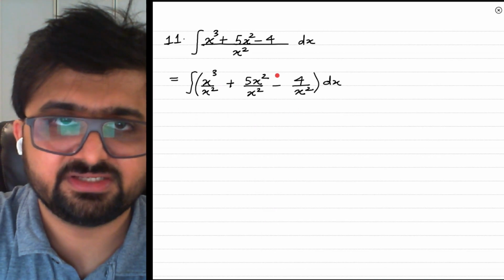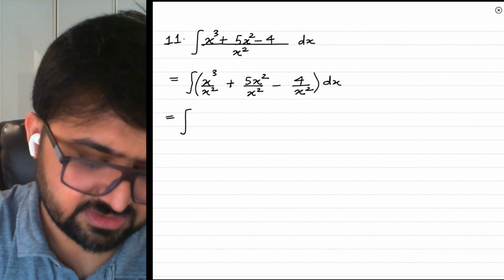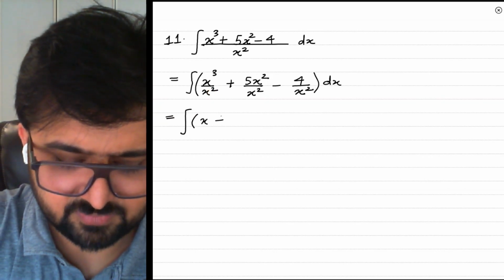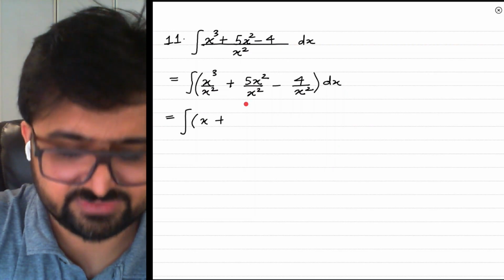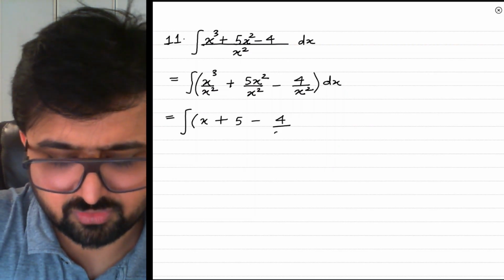Okay, so you split that x squared into all the three terms, then you get x cubed over x squared is x, plus this x squared and x squared will get cancelled, so you'll be left with 5, minus 4 over x squared dx.